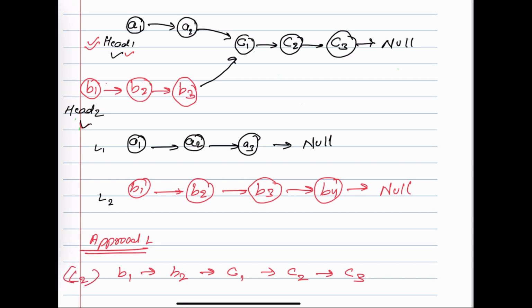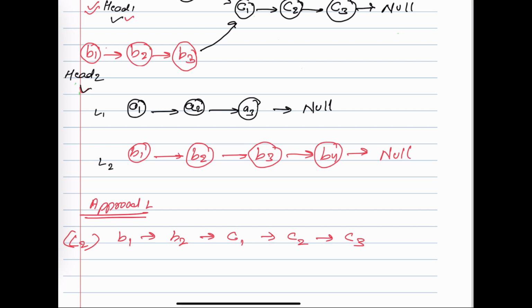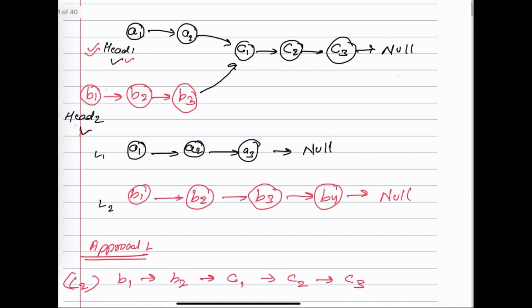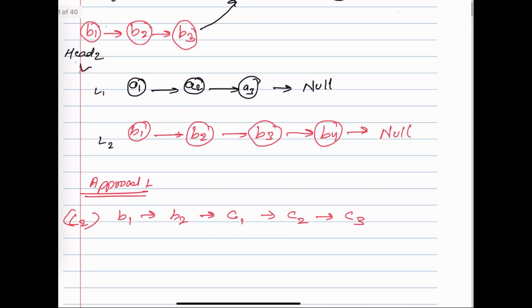Just assume that I am going to traverse this linked list, and I will keep on comparing with the nodes of the other list. So let me write the other list also here, A1, A2, and this is also C1, C2 and C3. So we will keep on traversing one list and keep on comparing with the nodes from the other list.